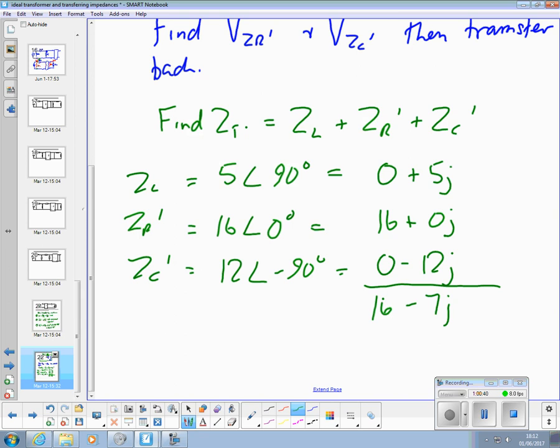And that is ohms, by the way. These are all ohms. All follow that so far?